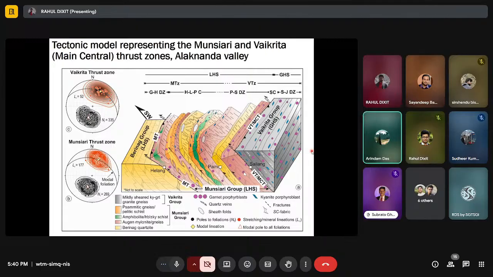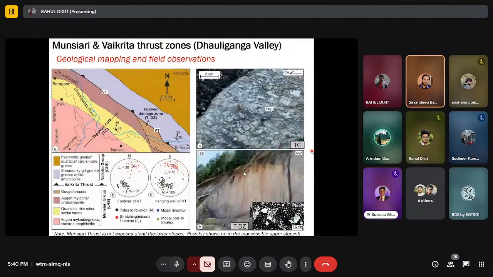Sandeep, here I would like to say one thing. Rahul, if you mark the entire thing as a single zone, then there is no problem. But within that zone, suppose in an area you find some ductile shearing evidence, the problem arises when you try to name that particular zone as a distinct thrust.